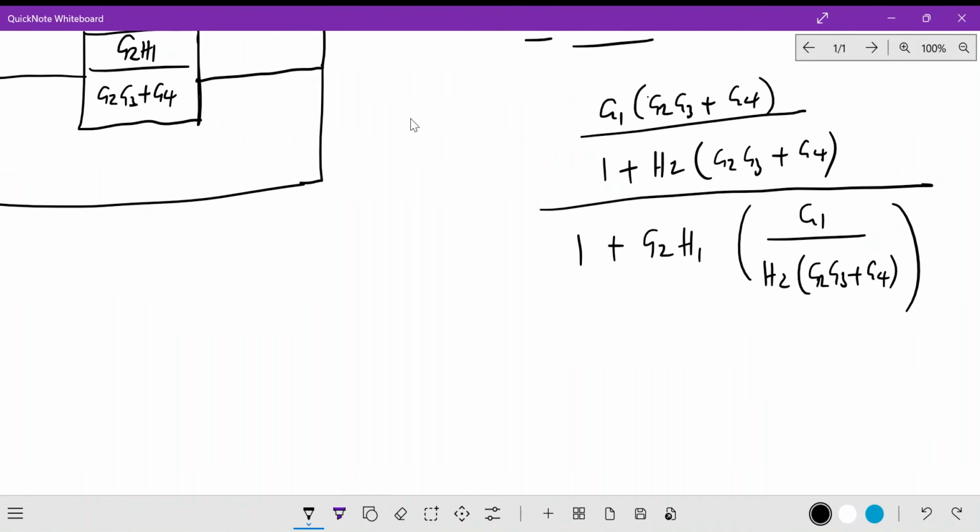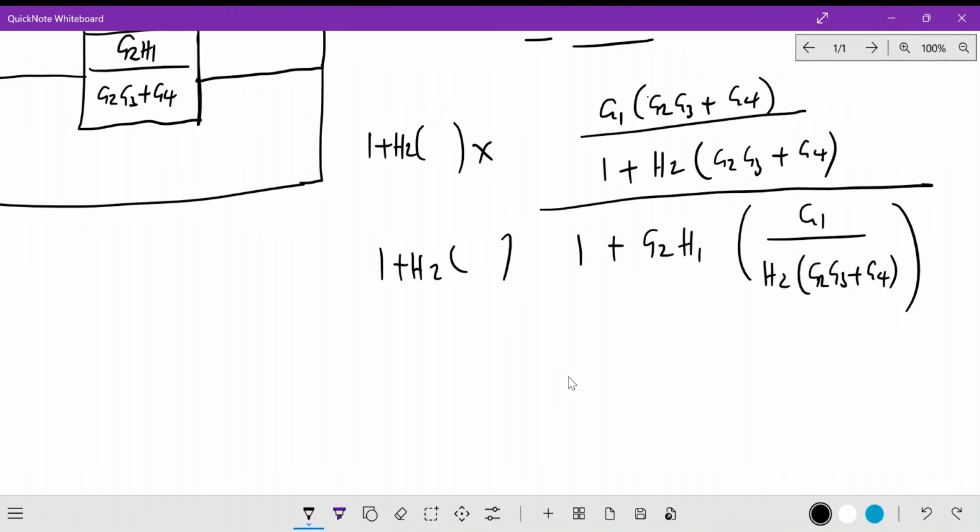So what I'm going to do is multiply both on top and down by this denominator, 1 plus H2, all that in brackets. Similarly here, I'm going to multiply by the same 1 plus H2, this in brackets. I'm not going to write it. If you do that, these guys are going to cancel out.